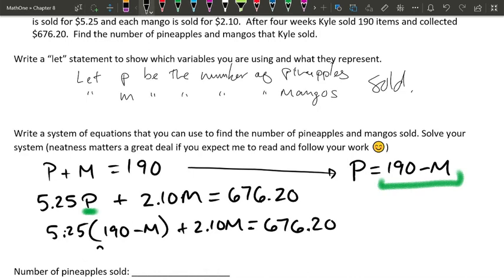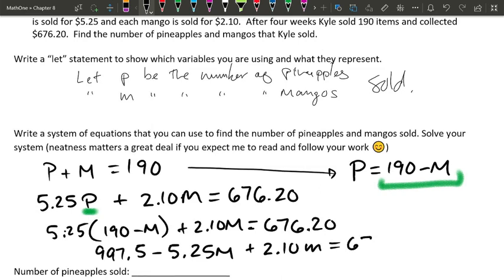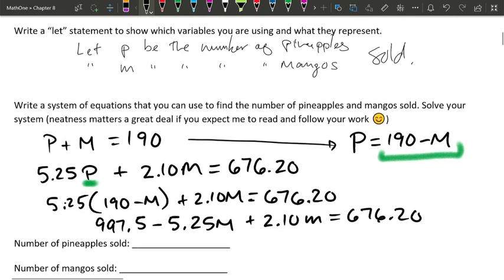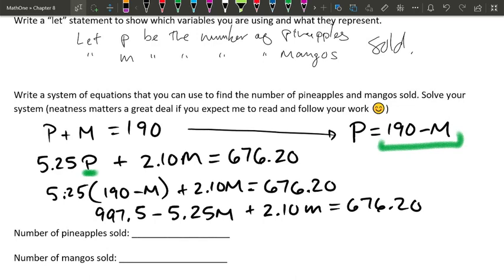That's 997.50 minus 5.25M plus 2.10M equals 676.20.